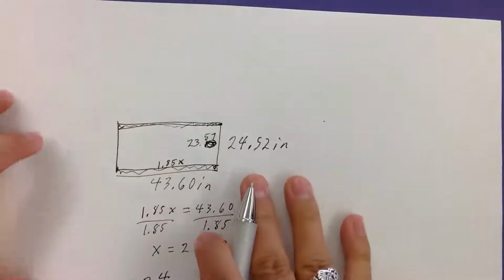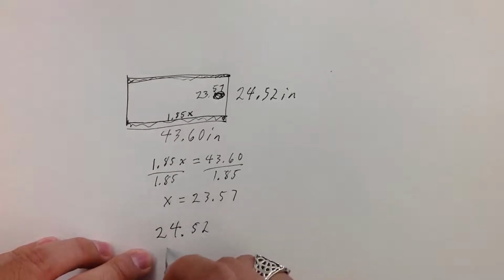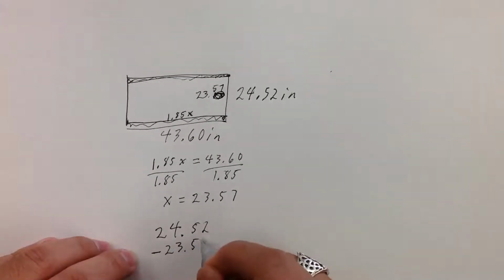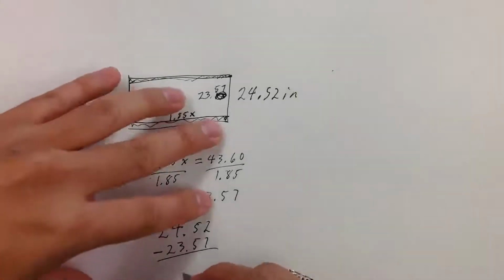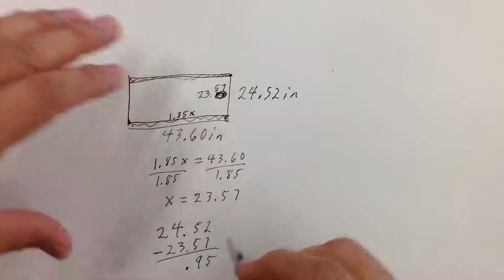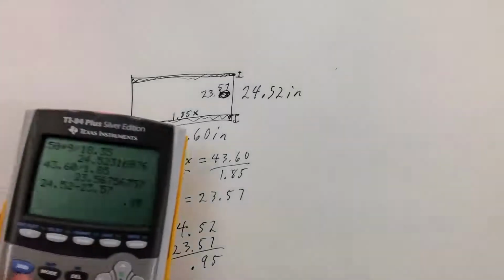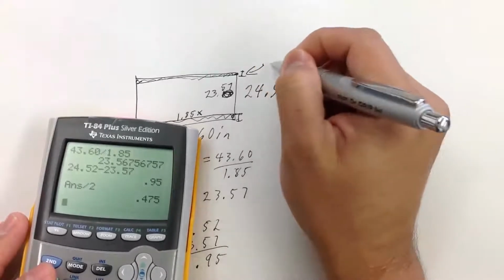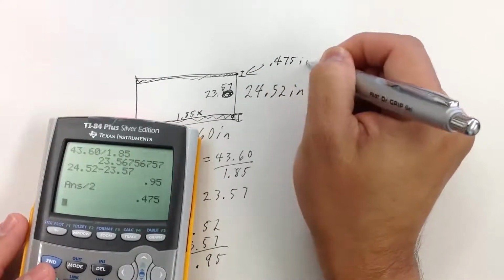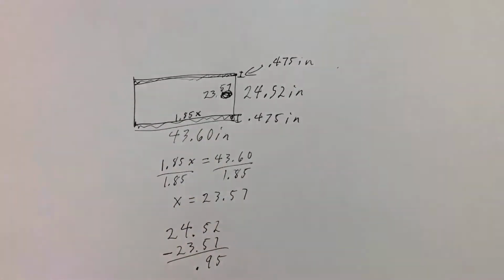So it's 24.52 minus 23.57. That gives me 0.95. And since we have a bar at the top and the bottom, when you add them together it has to be 0.95, so you divide that by 2. That gives me this little part right here equaling 0.475 inches. So now you have all your information.